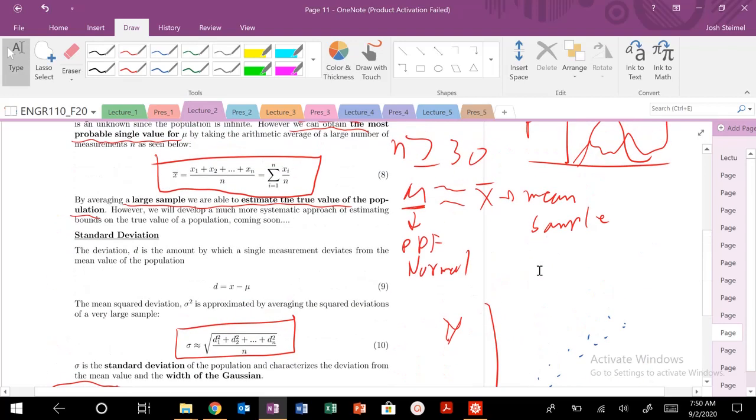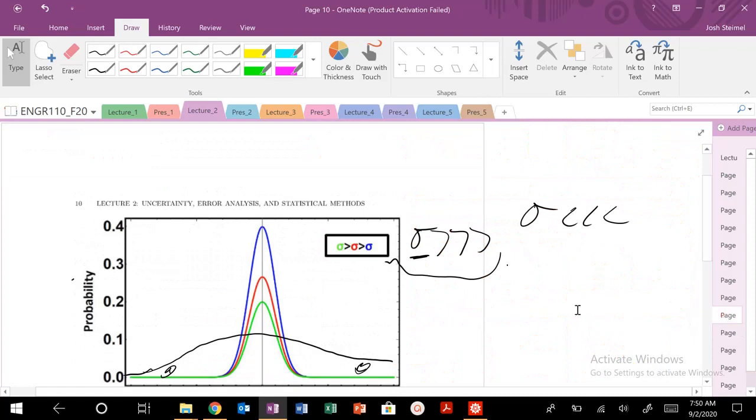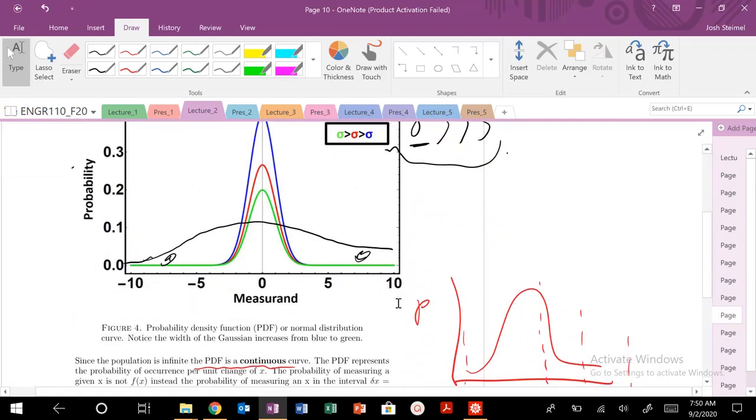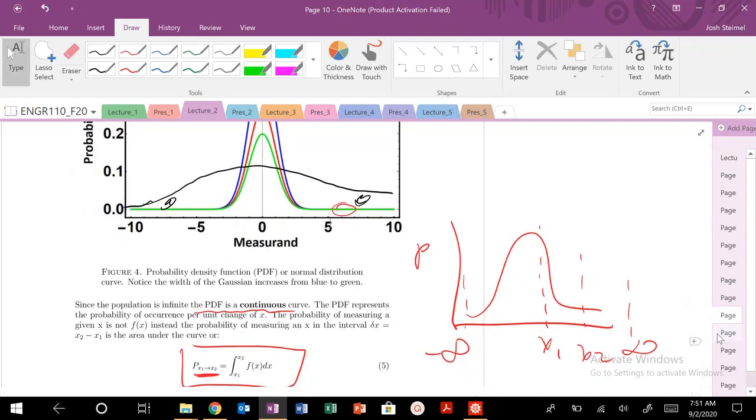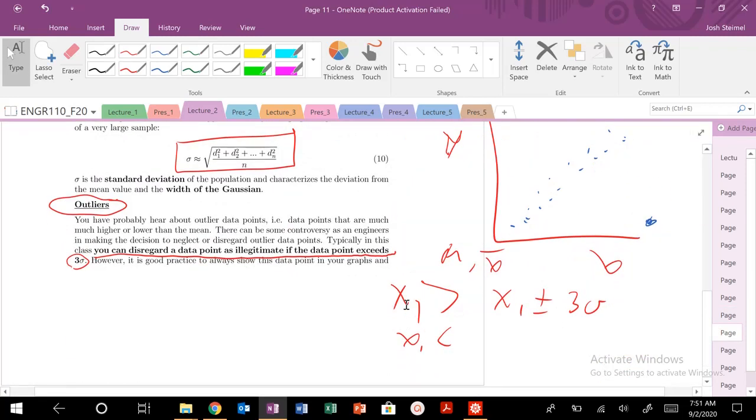Why can we disregard it? It goes back to looking at this curve here. If we're 3 sigma away, we're in the super low probability region of making that measurement. So that's our quantitative metric for how we decide a data point is an outlier.